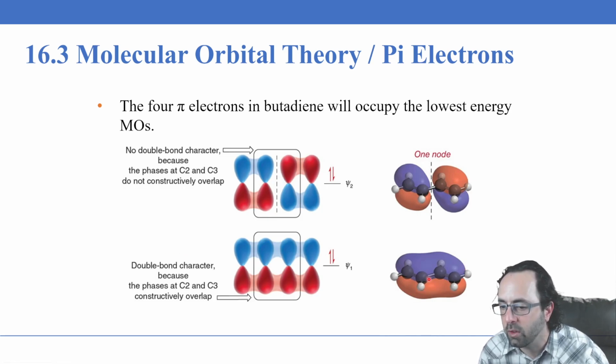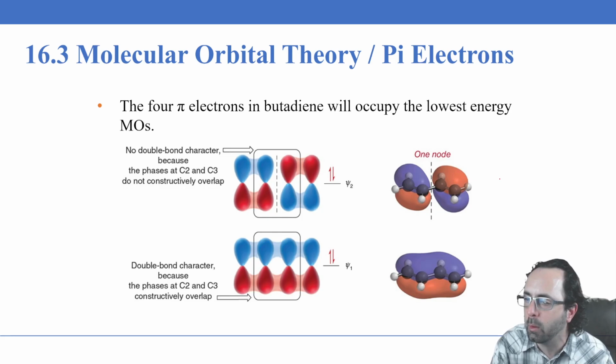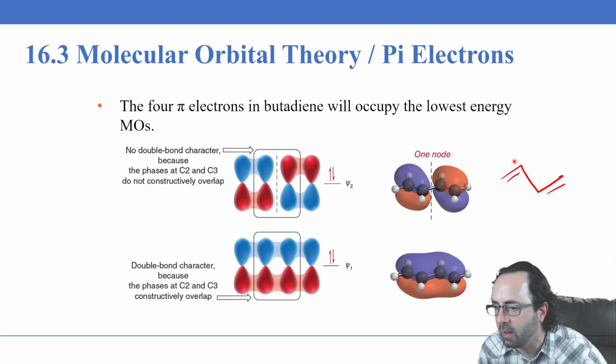So it's like we have the strength of the bonds in this perspective as double bond, double bond. But in fact, we also have this contribution here in which in the center there is no pi bond. So it's only 2 pi bonds. This is more similar to what we'd be looking at in terms of the Lewis structure. It shows this is a double bond, this is a single bond, this is a double bond.